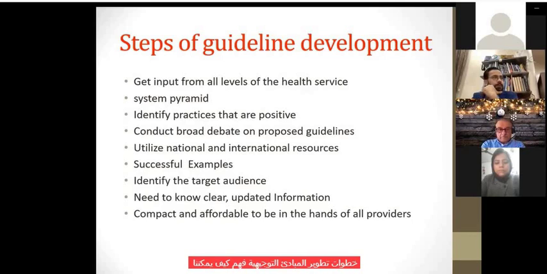Steps of guidelines development: how can we take the road to develop the guidelines. It's a huge matter, and it relies on many resources.